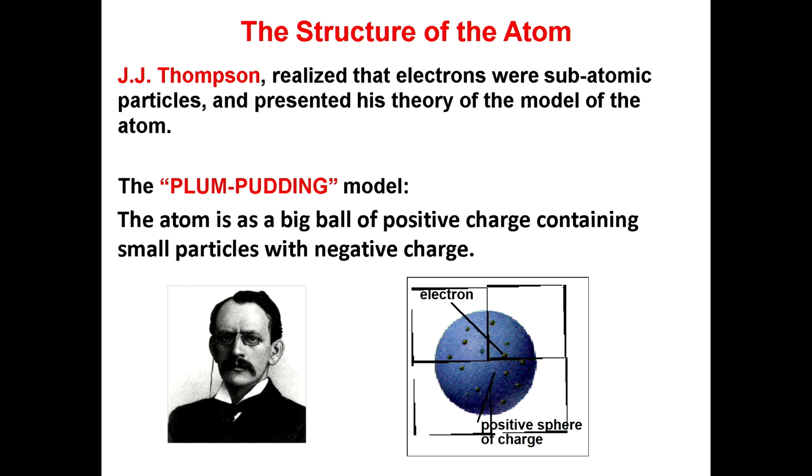This means, for example, the atom has positive charge, like a ball, and it also includes some electrons. The electrons are negative charge. So the electrons stay in the positive body, in the positive ball. Okay. So this is like a pudding, so it's also called the Plum-Pudding model.